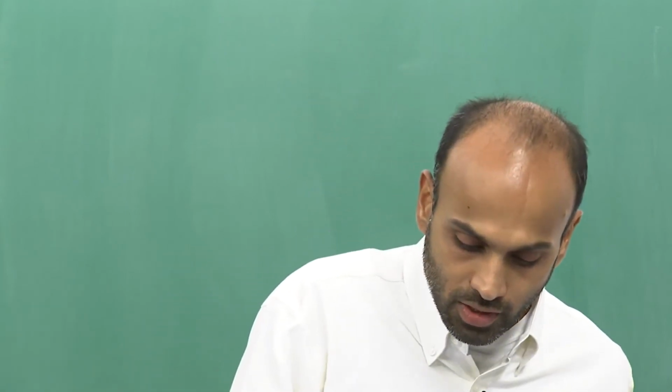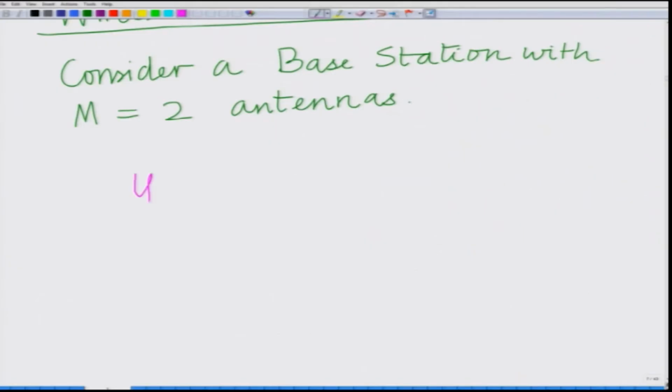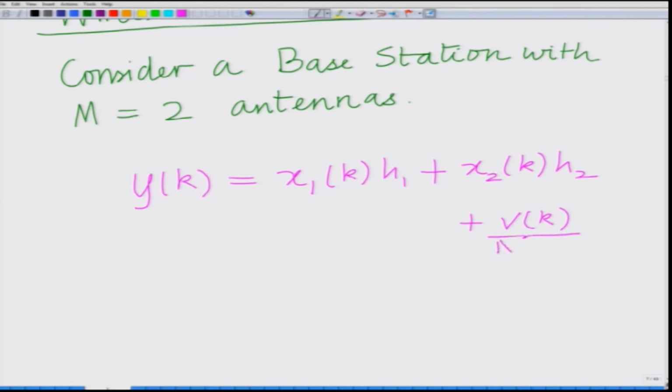Alright. So the system model for this is given as yk, which is the received symbol at time instant k, equals x1k times h1, where h1 is the channel coefficient corresponding to the first transmit antenna, plus x2k times h2, plus of course vk, where vk is the noise and yk is the observation.